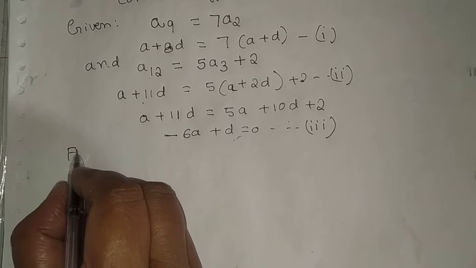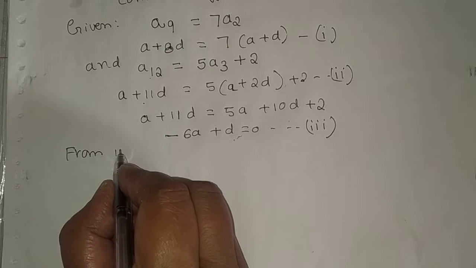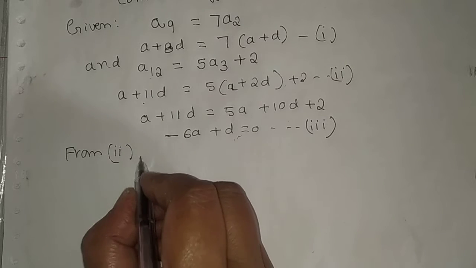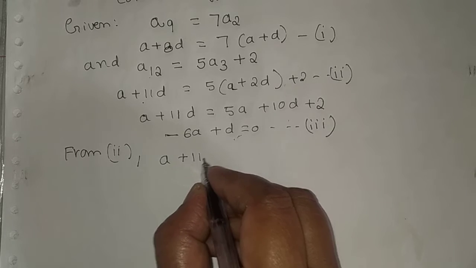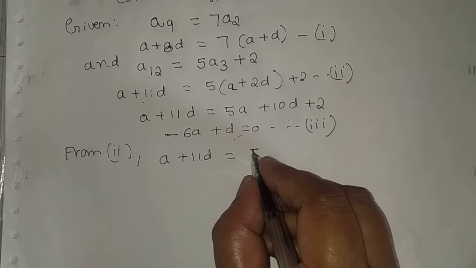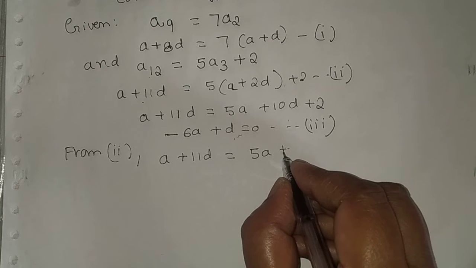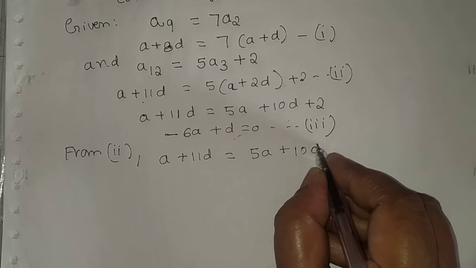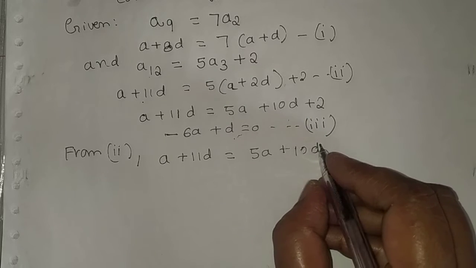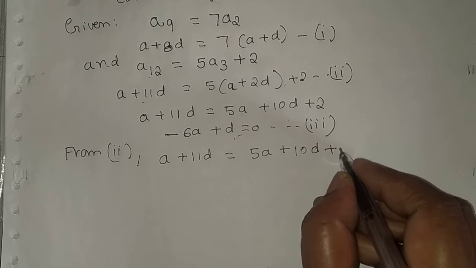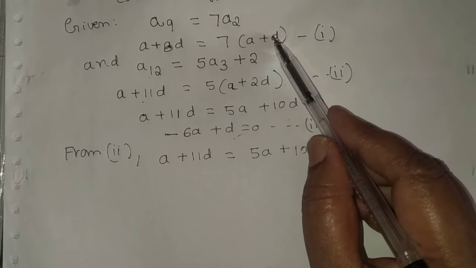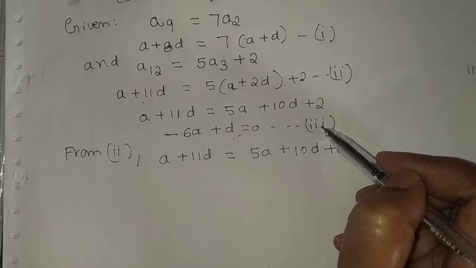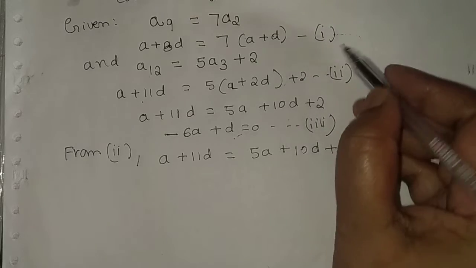So from equation 2, we get A plus 11D is equal to 5A plus 10D plus 2. So this one, solving the first one, gives the third expression.